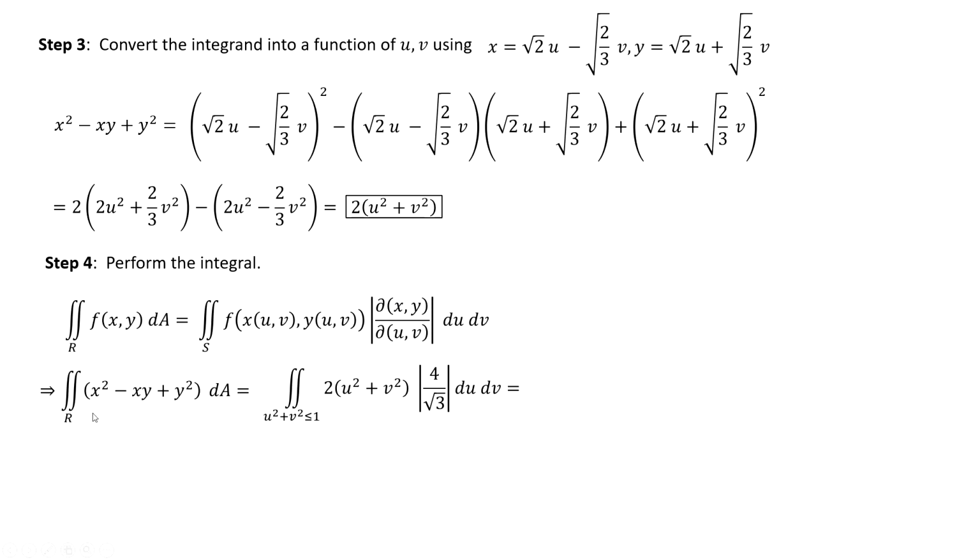And the region, whatever that ellipse was, now gets transformed to this circle, u square plus v square less than or equal to 1. Do we know how to integrate this guy over this region? This circle?